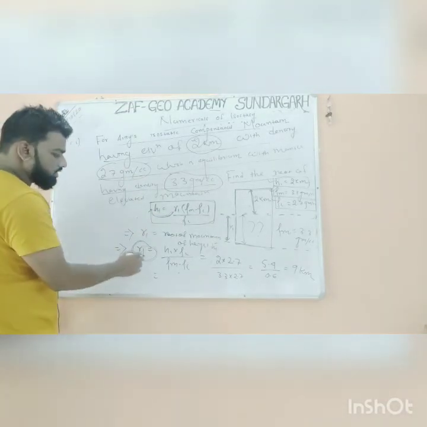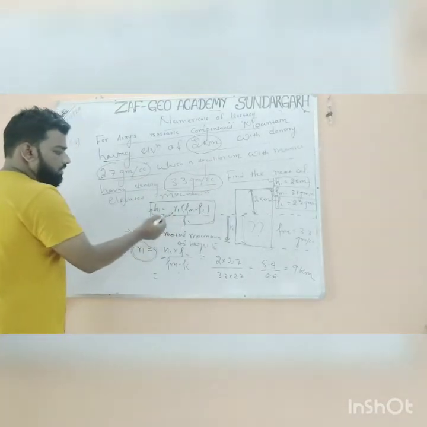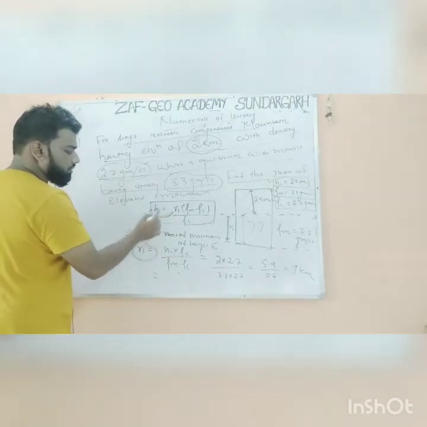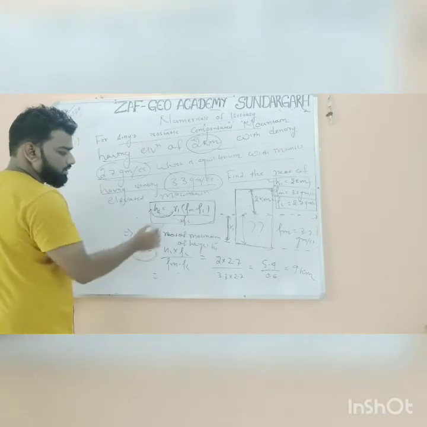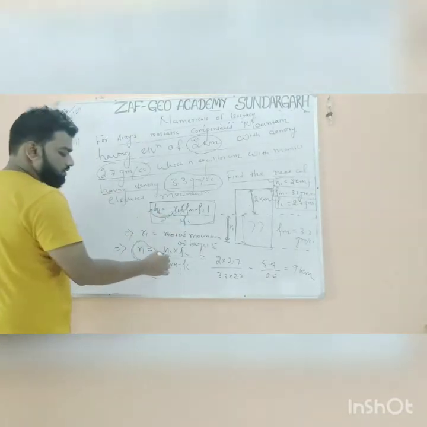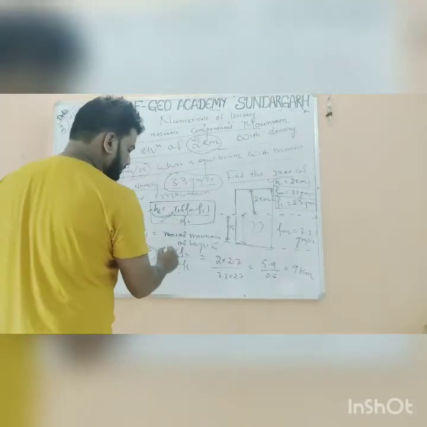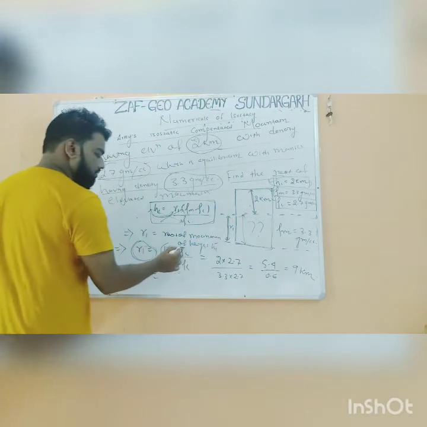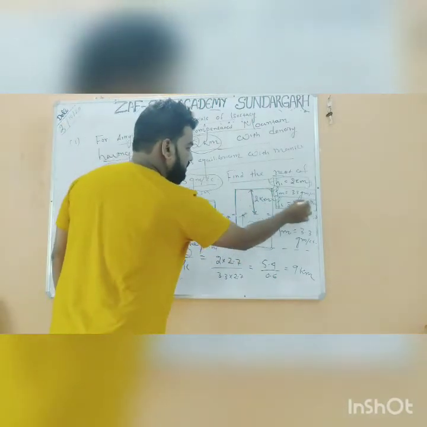So r1 will be equal to h1 multiplied by rho c, by cross multiplication, divided by rho m minus rho c. Now just put the values of h1, rho c, rho m, and rho c.